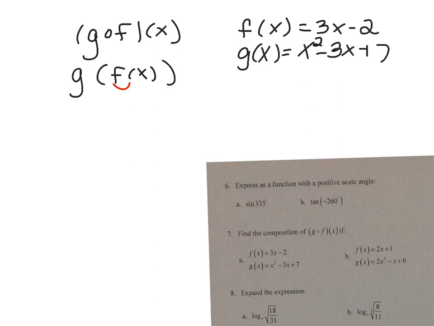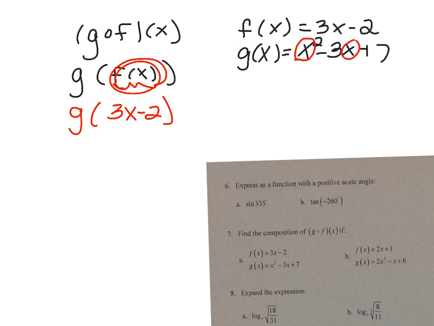So remember, what this means is I'm taking f and plugging it into g, because it's g of 3x minus 2. So I go to g. Wherever I see an x, I'm going to plug in 3x minus 2.